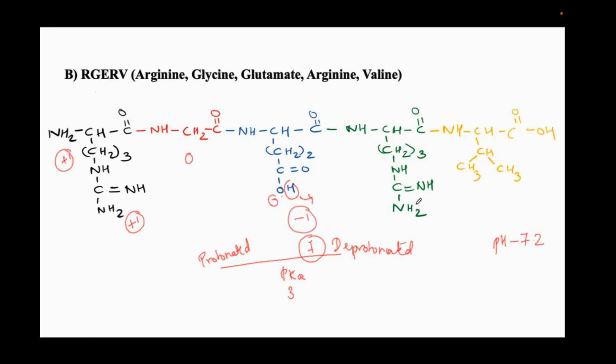Again, arginine, positive charge. Finally, the carboxyl group also has a pKa of 3. So this proton will also get abstracted and will have a minus charge on the oxygen. So the overall charge will be 3 minus 2. So the overall charge is 1.